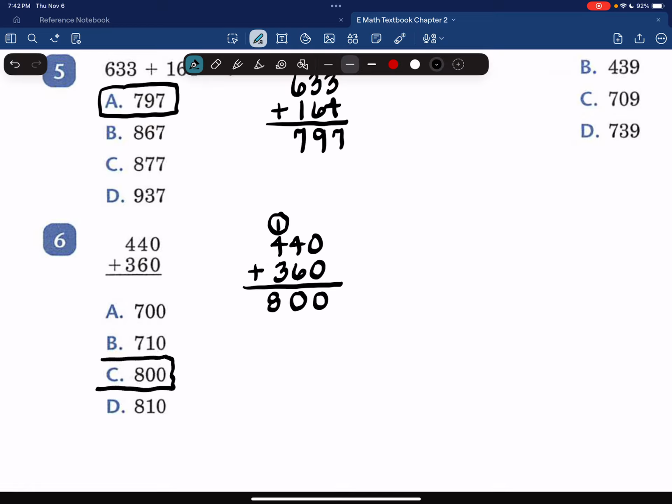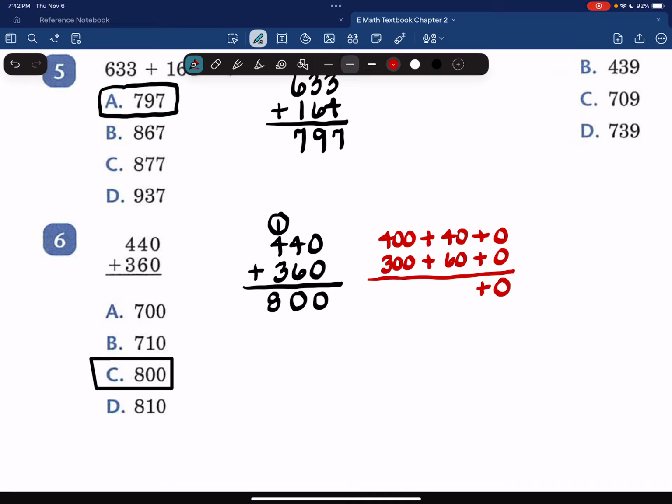I am going to do this one in expanded place value form as well. So we have 4 hundreds plus 4 tens and no ones. Then you have 3 hundreds, 6 tens, and no ones. So we have no ones.